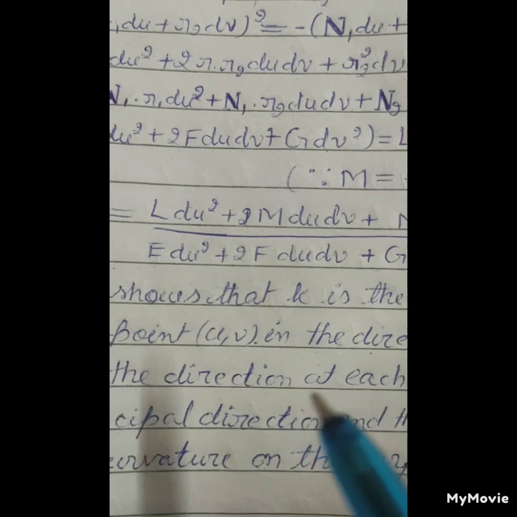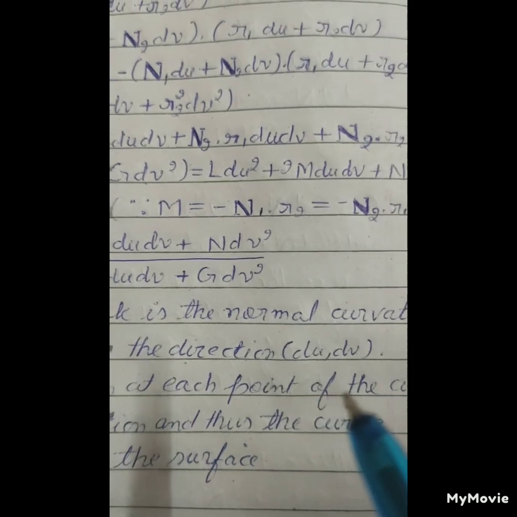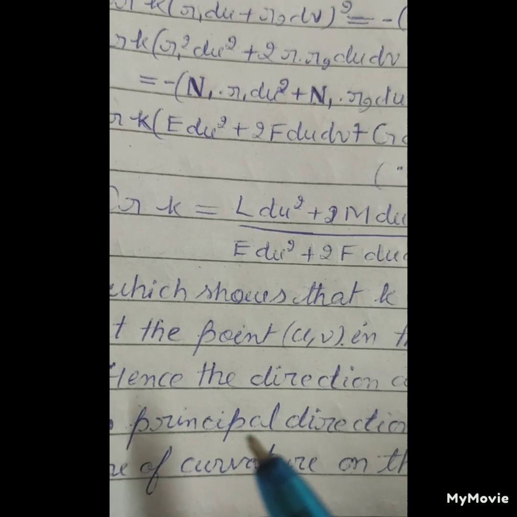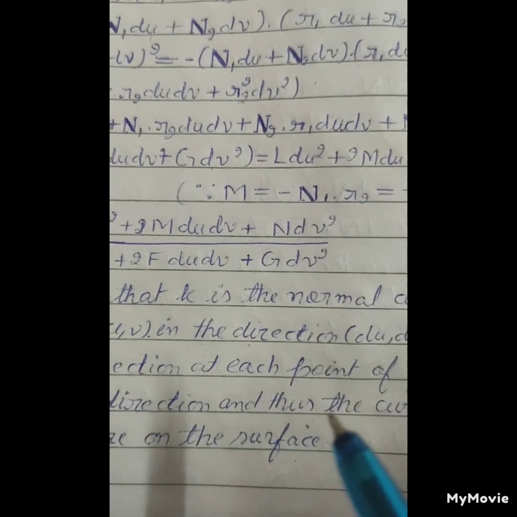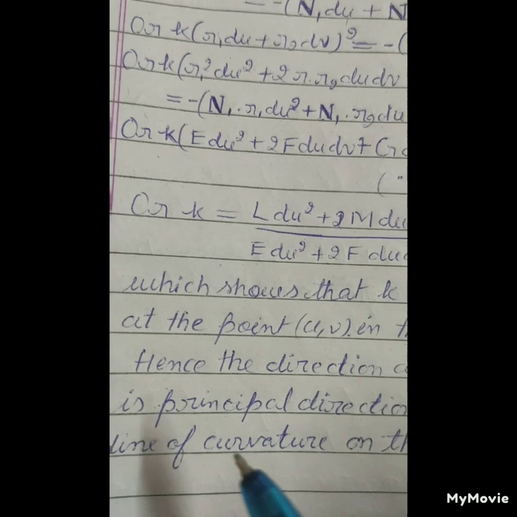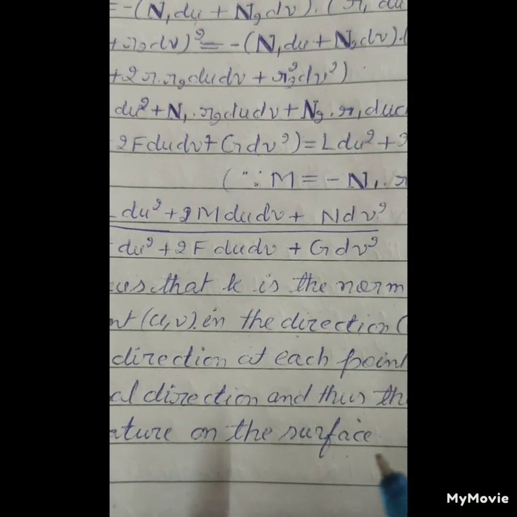Hence the direction at each point of the curve is a principal direction, and thus the curve is a line of curvature on the surface.